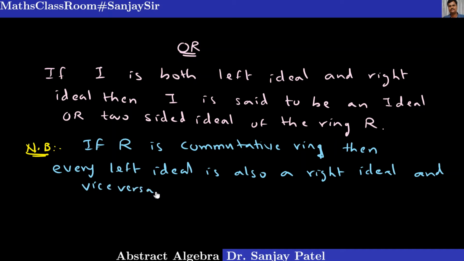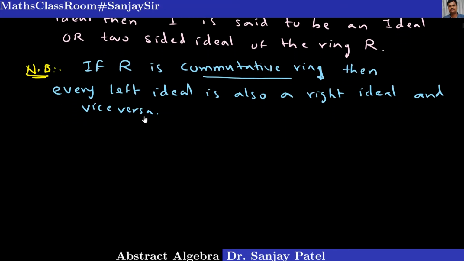So a right ideal is also a left ideal, and a left ideal is always a right ideal in a commutative ring. Remember, if you have a commutative ring and you are asked to prove a set is an ideal, you need to prove only that it is a left ideal. Okay, so keeping in mind all this, let us start with some examples.